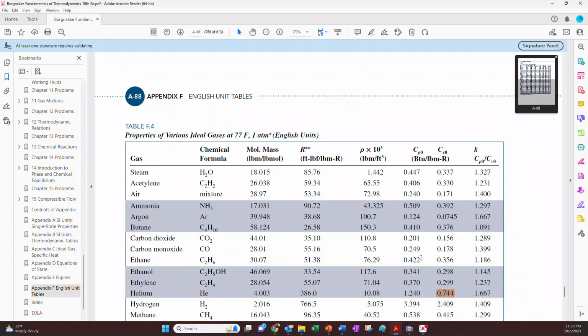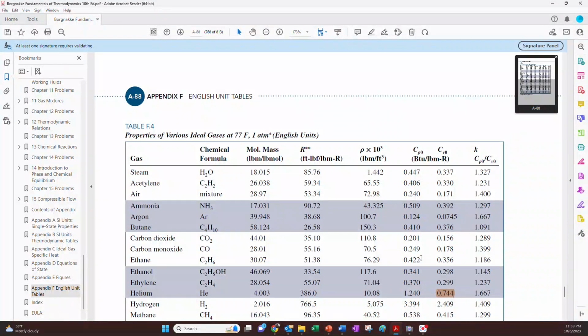In the other book, it's different. They have 0.753. Interesting.